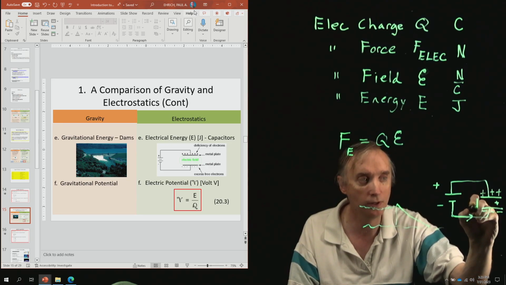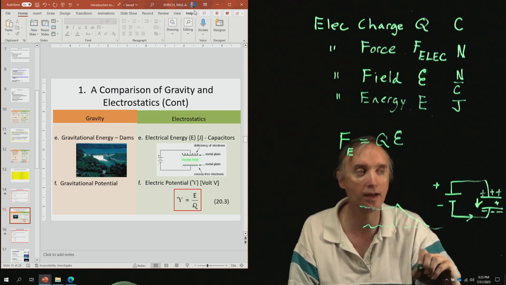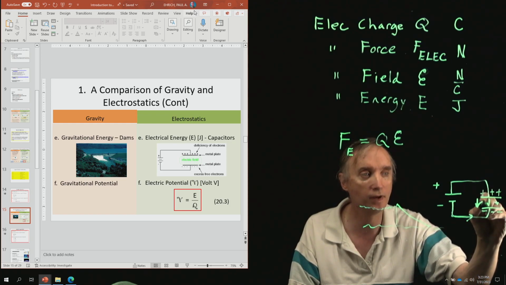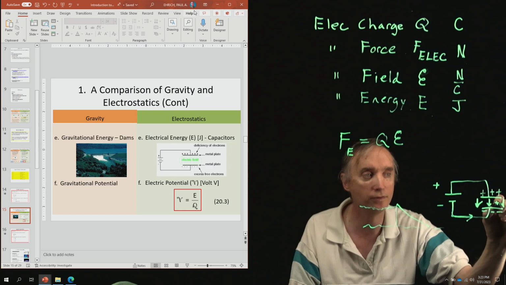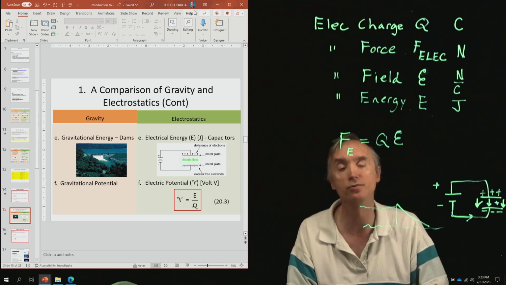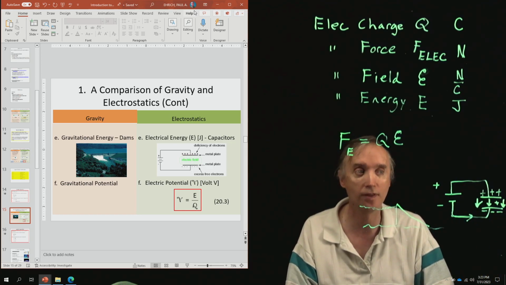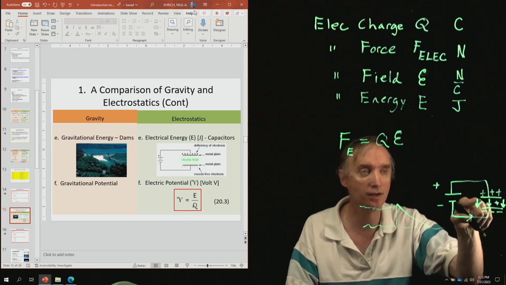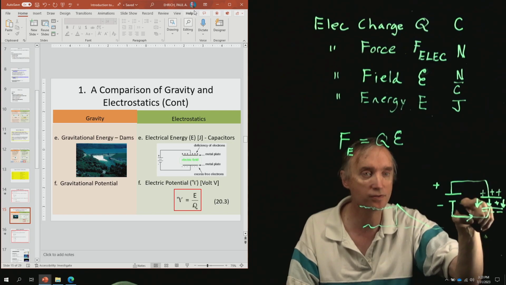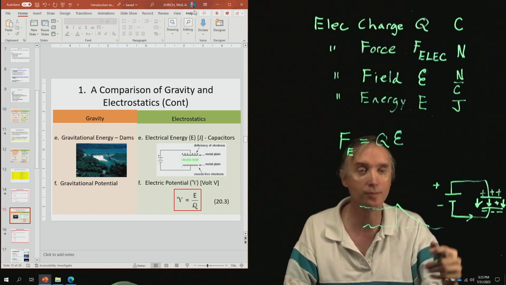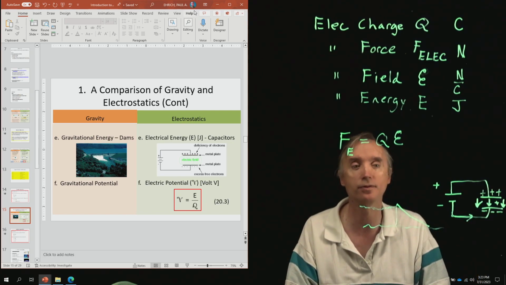So it would go down like that, and we would have a series of arrows going down in between those two plates. Well, that was the electric field. So here's the electric field that starts to develop inside of the capacitor.